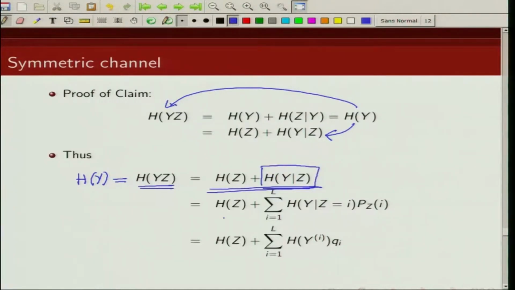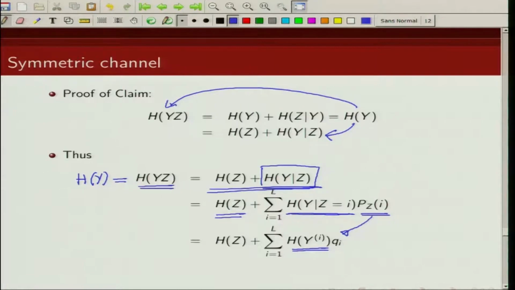Okay. Now, let us expand this particular term. So, I can write this as h of z plus the uncertainty in y given z is i multiplied by the probability of z is i. This is from the definition of conditional entropy. Now, this term is given by Qi, and this uncertainty: given that I have selected the ith channel, I know the output is yi.